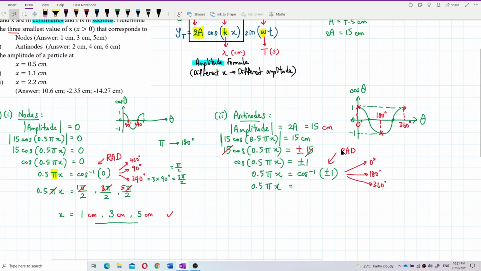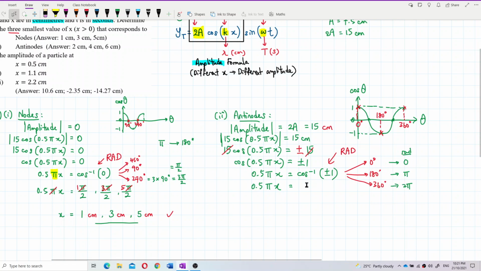So what do you have? 0 degree is 0 also, 0 radian. Now you change to radian. So 180 is pi radian, isn't it? Pi is 180. And then 360 is 2 pi. So these are the 3 positions.